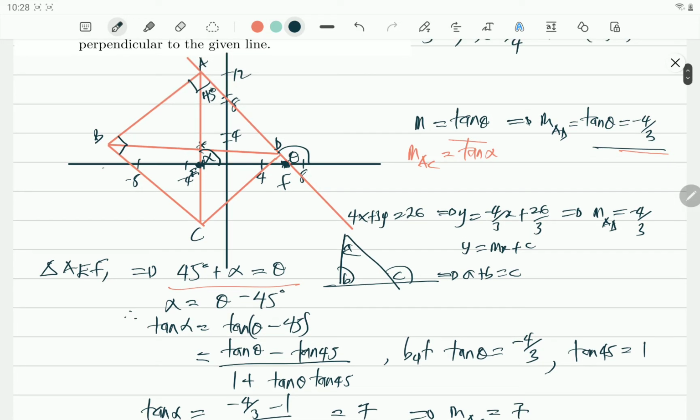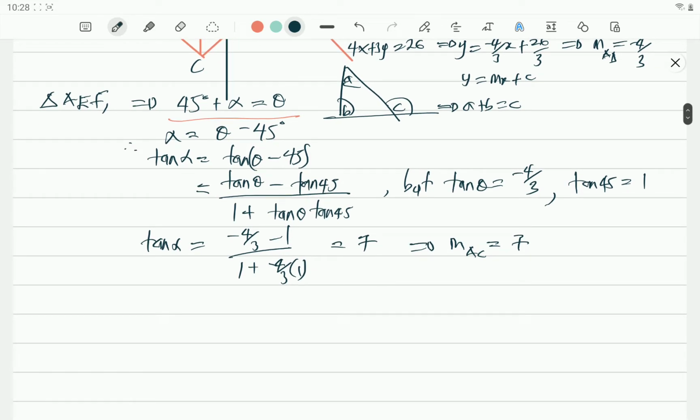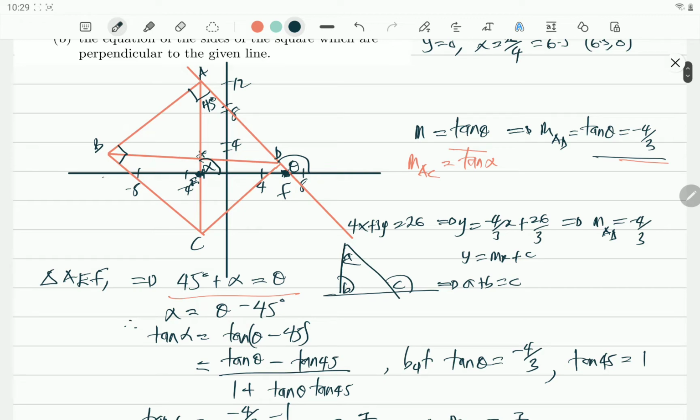So finally we can find the equation of the line AC, right? Therefore the equation of line AC is, we just quote the formula, y minus y1 equal to the gradient of AC into bracket x minus x1. And remember that there is a point on AC, that is a point where the two diagonals intersect.